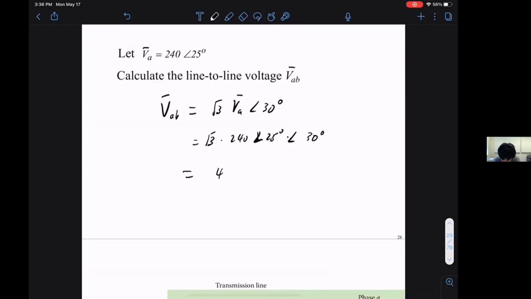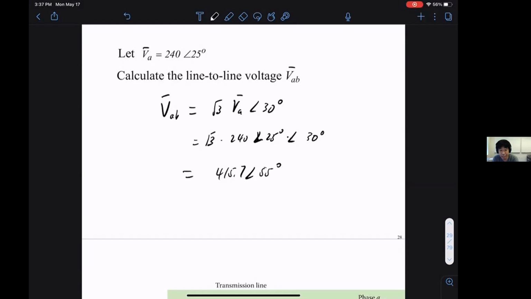So this is 415.7, angle 55 degrees. Okay, so this is the simple calculation.